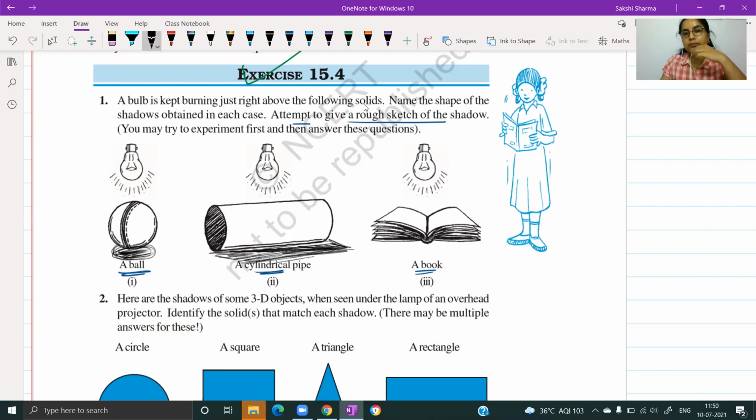What about book? Rectangle. Yes. book की shadow भी जो होगी वो rectangular होगी.